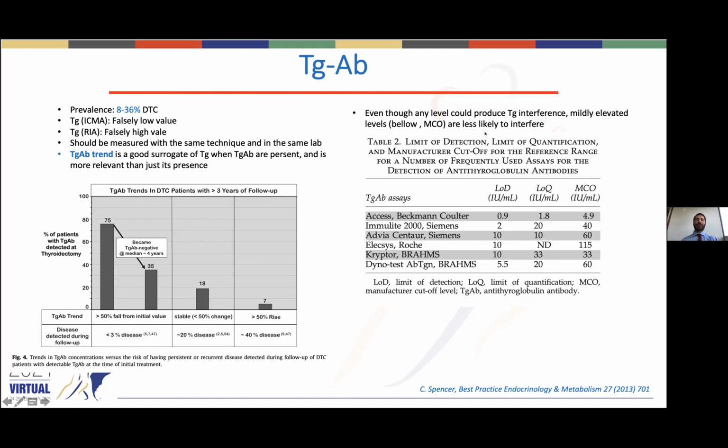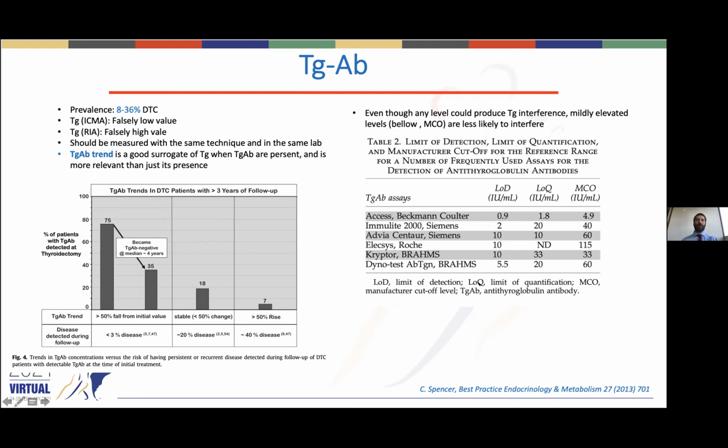Also, it is important to know that even though any level of thyroglobulin antibodies could interfere with thyroglobulin measurement, mildly elevated levels are less likely to cause an important interference.